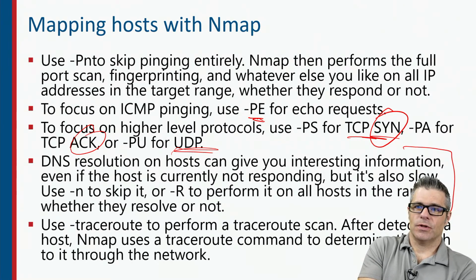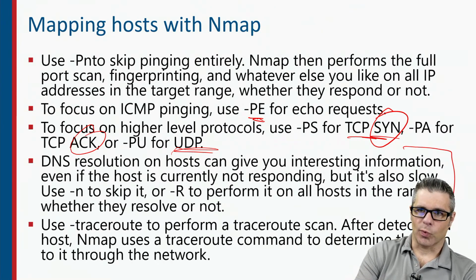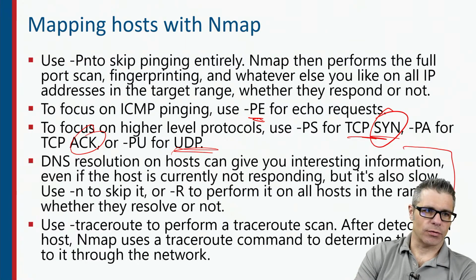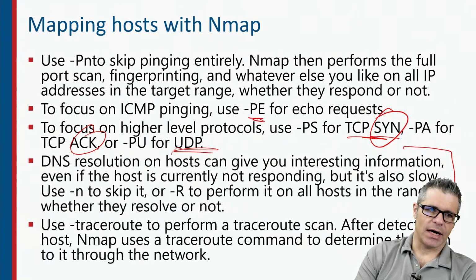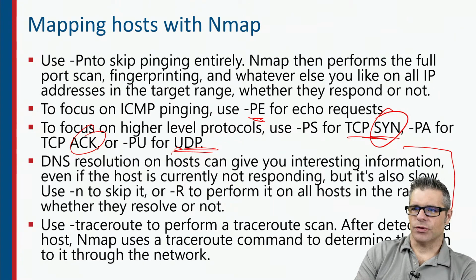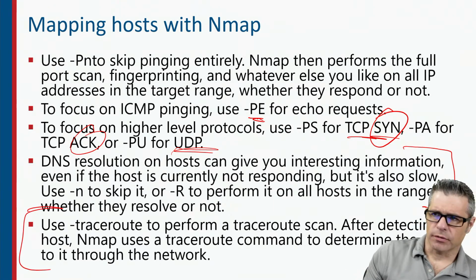So if you resolve the IP address for 192.168.1.23 or something on my network, it might resolve to be like honeypot.alertmerightnow.com. So it can get you in trouble. The traceroute scan uses traceroute.